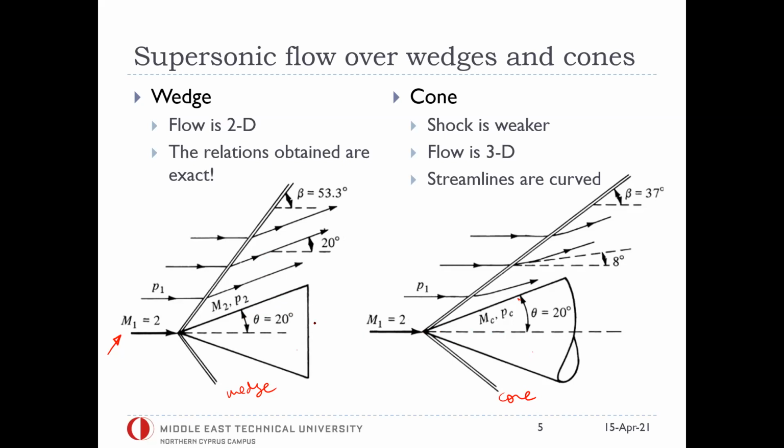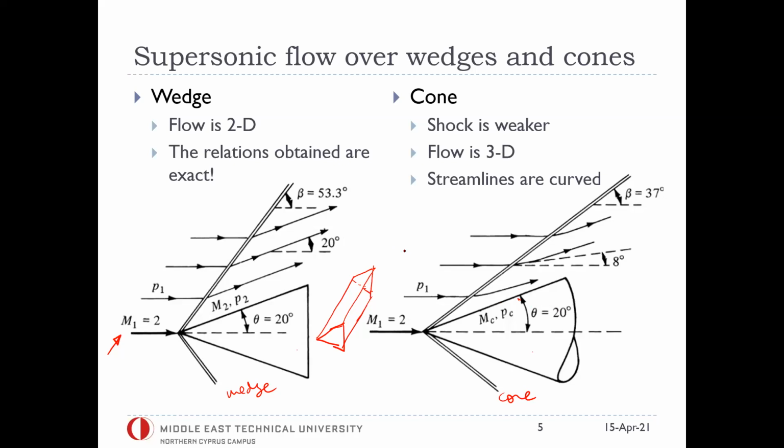In 3 dimensions, when we say wedge, we understand something like that, more like a 2-dimensional shape. But a cone is a cone. A cone does not look like that. You know how a cone looks.